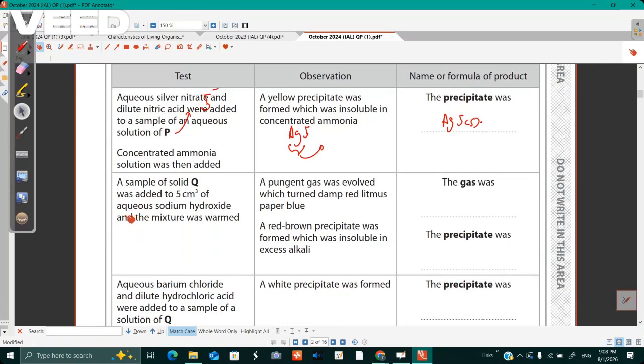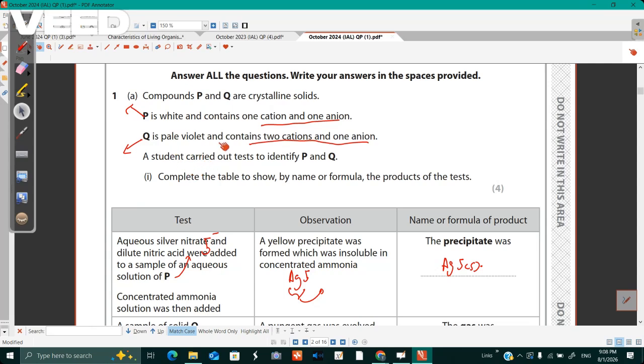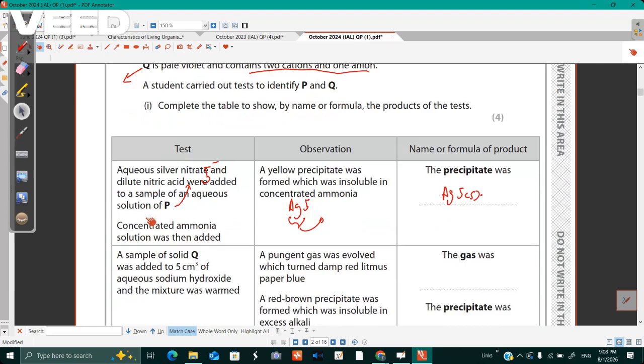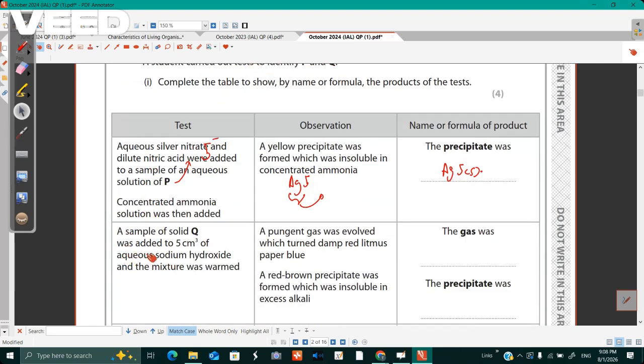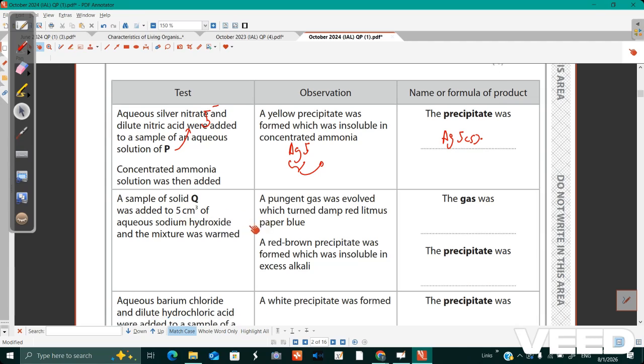A sample of solid Q, right? It has two cations and one anion, was added to 5 cubic centimeters of aqueous sodium hydroxide, and the mixture was warmed. A pungent gas was evolved, which turned damp red litmus paper blue.